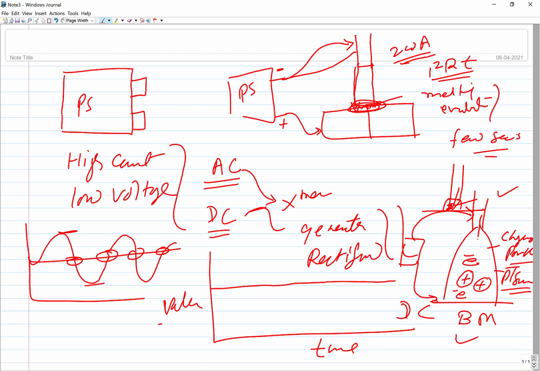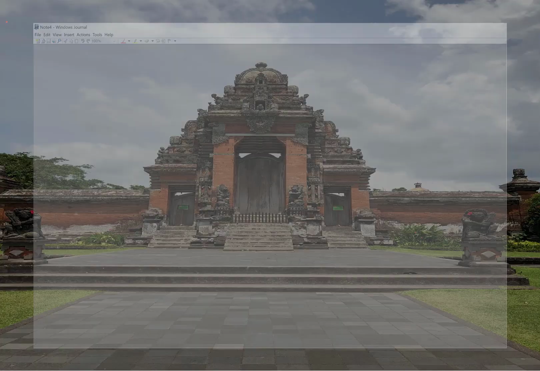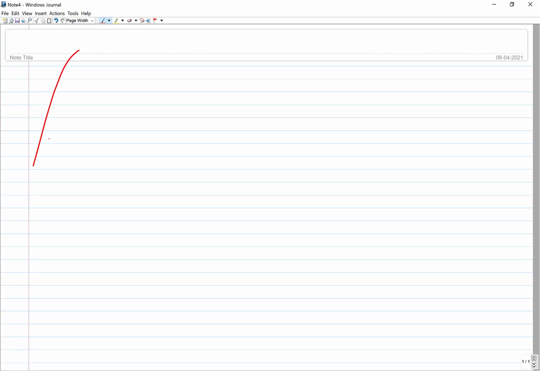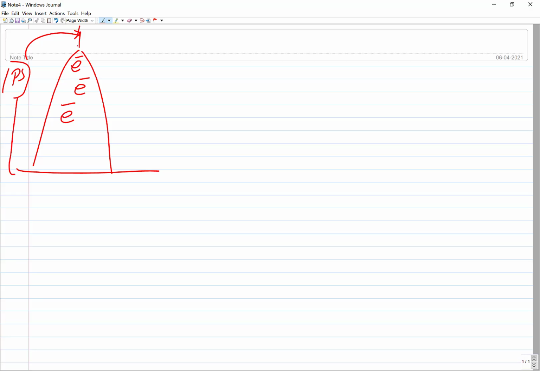So electrons will be flowing from the electrode to the base metal. Since the electrons are lighter in weight, they move at a very high speed. So the negatively charged particles will be moving at a very high speed due to the potential difference between the base metal and the electrode.